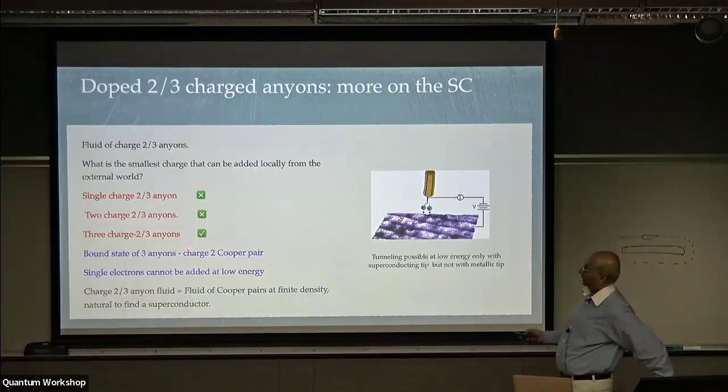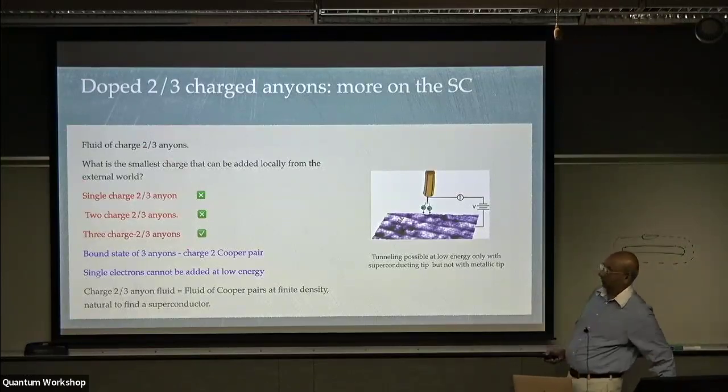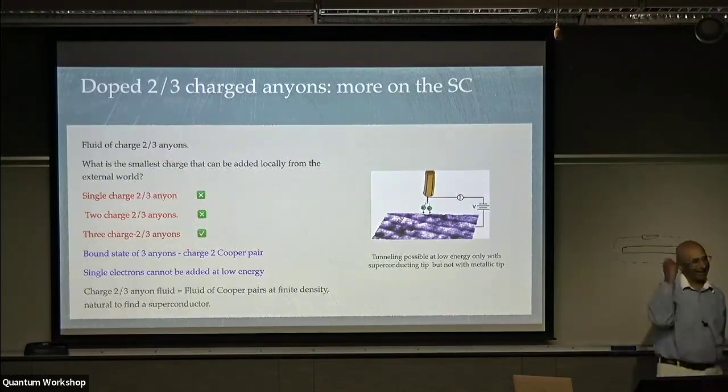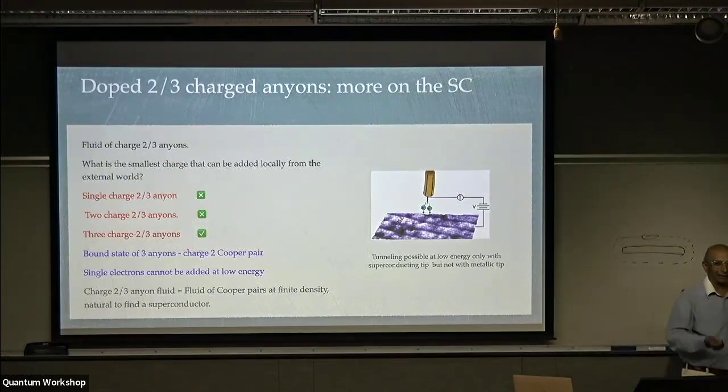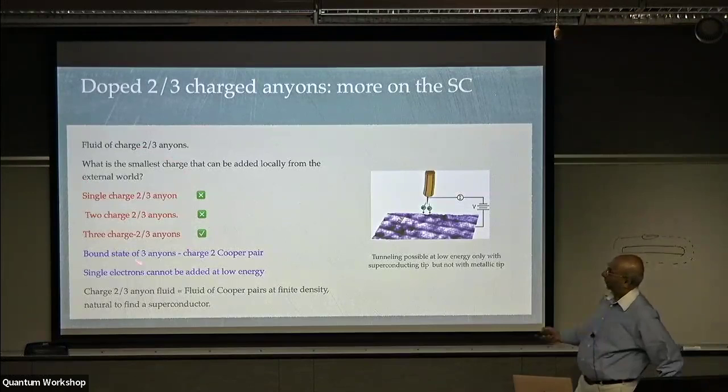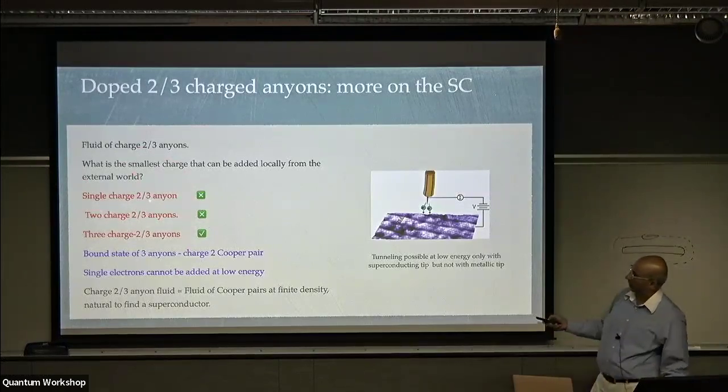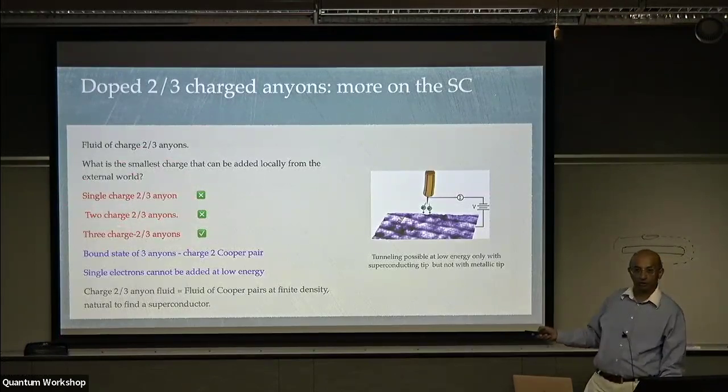Now let's ask the following question: what is the smallest charge that I can add to the system from the external world? Remember, I can't add anions from the external world. I can only add electrons, Cooper pairs, charge 3, charge 4, and so on. A single charge 2/3 anion, I can't add because it's an anion. I can't add two charge 2/3 anions because that's also an anion, right?